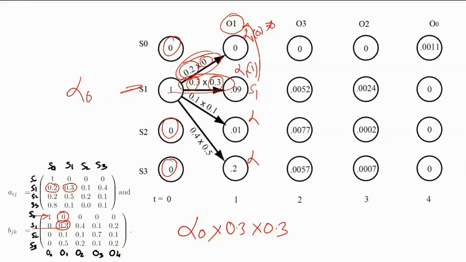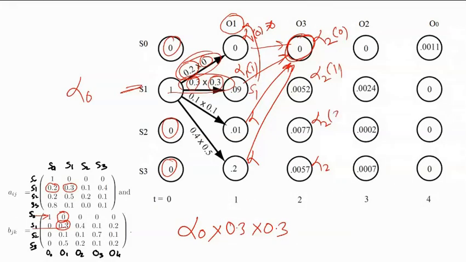Now when I go to the next step, I will be using these previous alphas to calculate the next alpha for each node. So alpha 2 for state 0, alpha 2 for state 1, alpha 2 for state 2, alpha 2 for state 3.